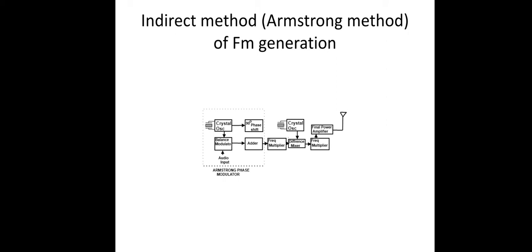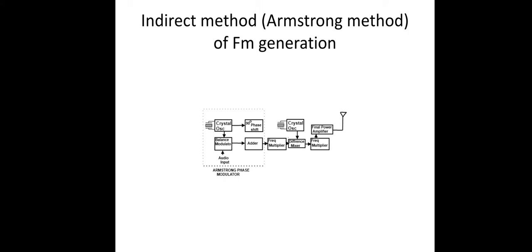In this indirect method of FM generation, we use phase modulation to obtain FM. Then we have asked these questions in the comment box. Why is phase modulation used in the indirect method to get FM? The FM signal produced at the output of the phase modulator has a low carrier frequency and low frequency deviation.